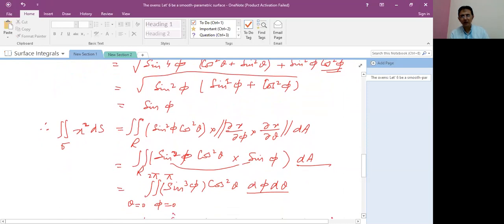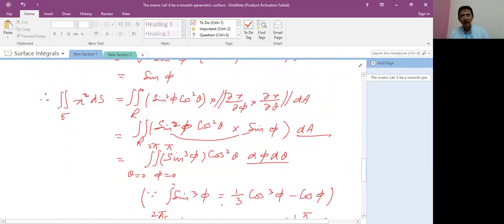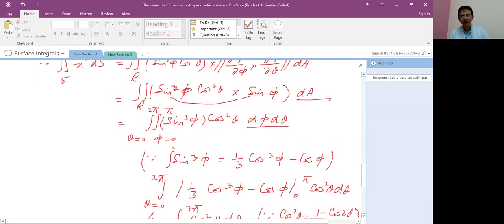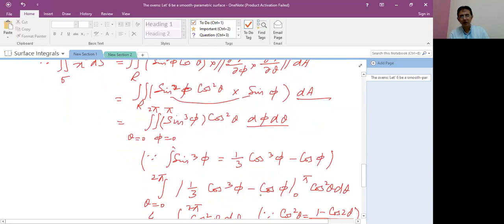Now, students, in the next step, as you know, the integral of sin cube phi is 1 upon 3 cos cube phi minus cos phi. We substitute this value in the above integral, times cos square theta.